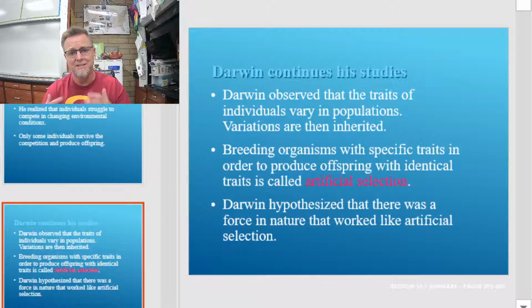So these things are called variations. And to be simply blunt, if you've got advantageous adaptations, then you're probably going to reproduce at a higher rate than an individual that does not have advantageous adaptations.